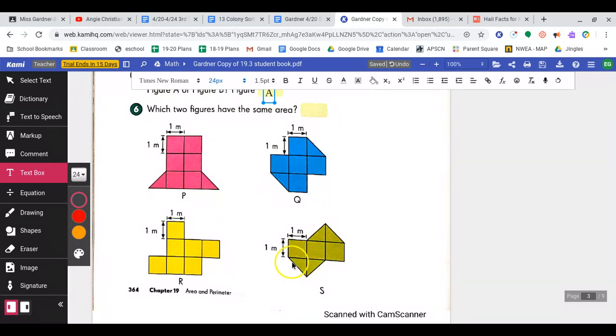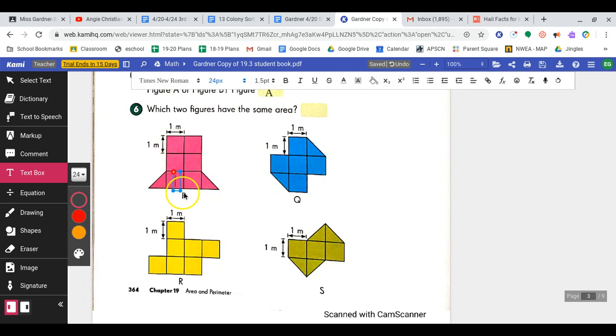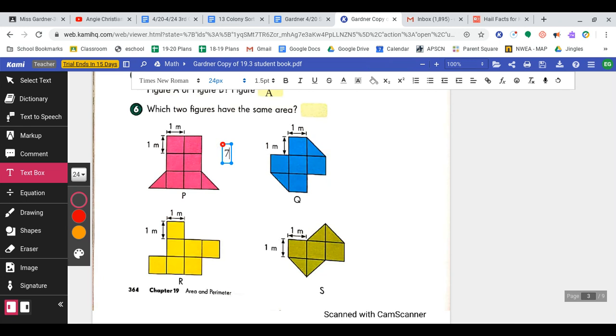So we'll need to find the area of each. We can count up 2 times 3 is 6 for figure P, plus 2 halves equal 1 whole, so that's a total of 7 meters squared.